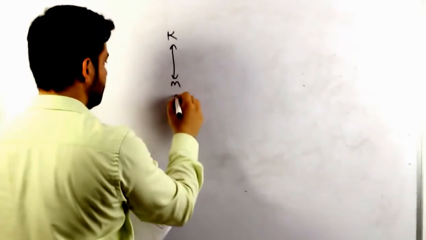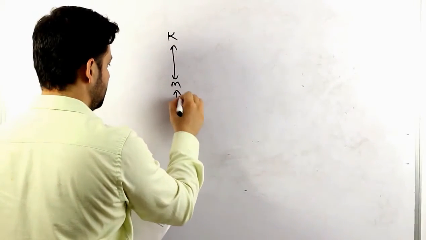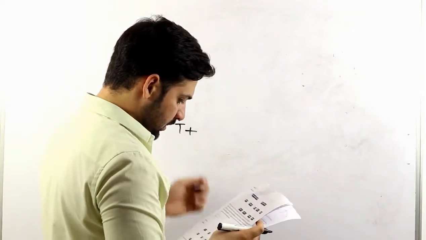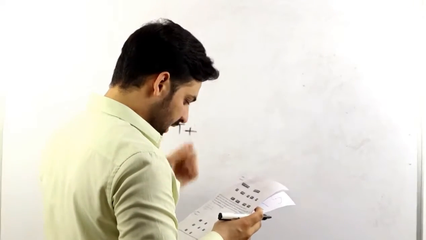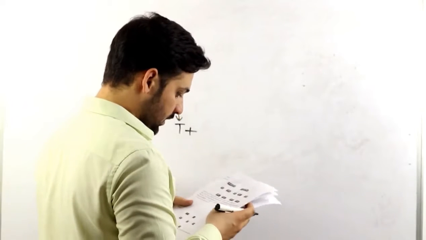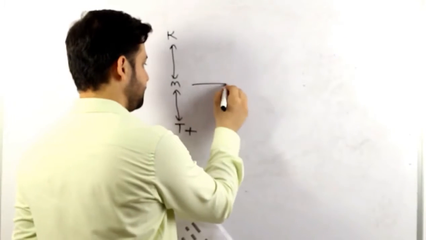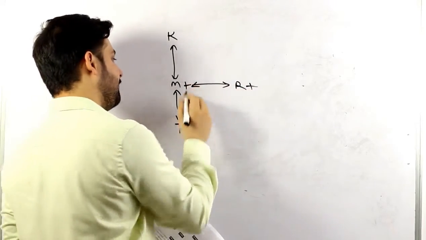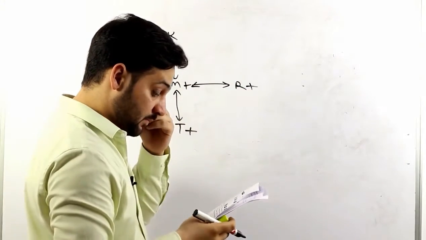T is the son of M and grandson of K. M is a widower. M and R are brothers. We got that M and R are male.